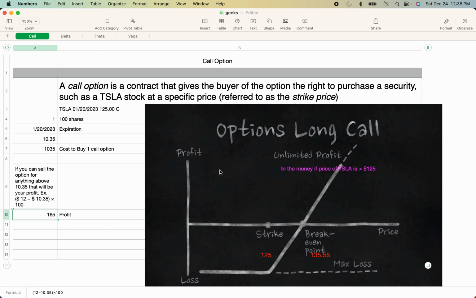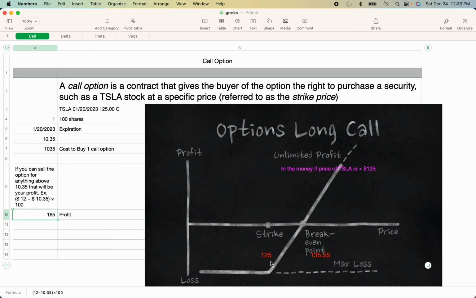To show it in a pictorial fashion, here you have profit on this side and loss on this side. If the price of Tesla is $125 and above, then the option is said to be in the money. That means you can be profiting if the price of Tesla is greater than 125.